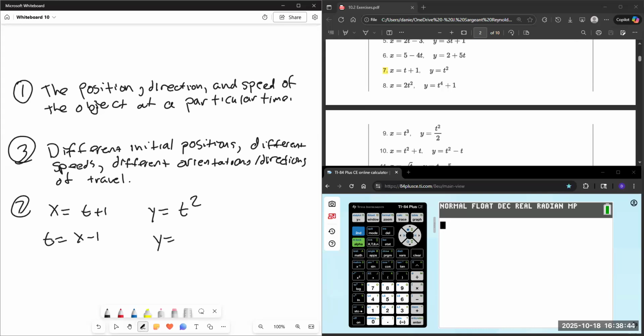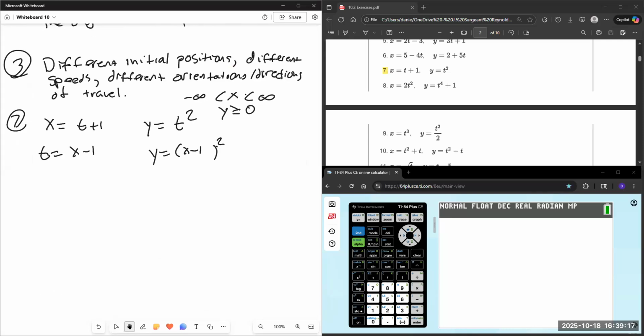Then y will be equal to (x minus 1) squared. Let's see, y has to be greater than or equal to 0 here. x can be anything, as long as t can be anything. So that matches with the domain and range in rectangular form.